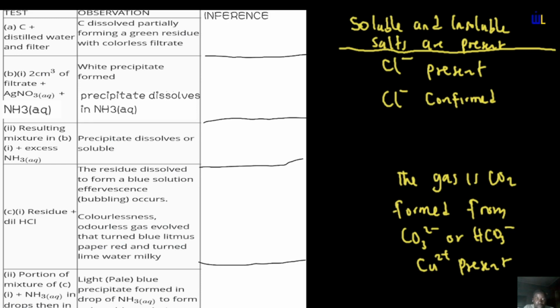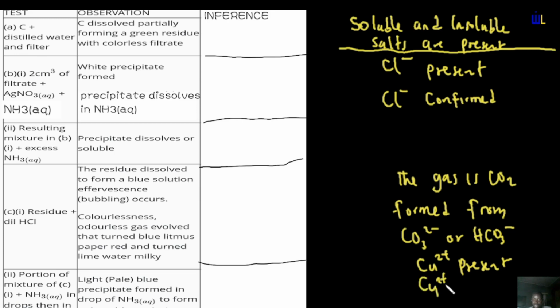What was in that particular question is deep blue solution. So I told you guys that if it was copper, aqueous ammonia will form light blue precipitate that will dissolve to form a deep blue solution. So you have that in mind. Now, with that said, it means that we can now write that copper is confirmed.